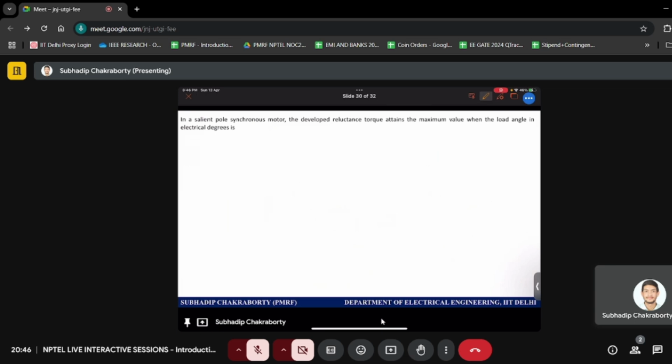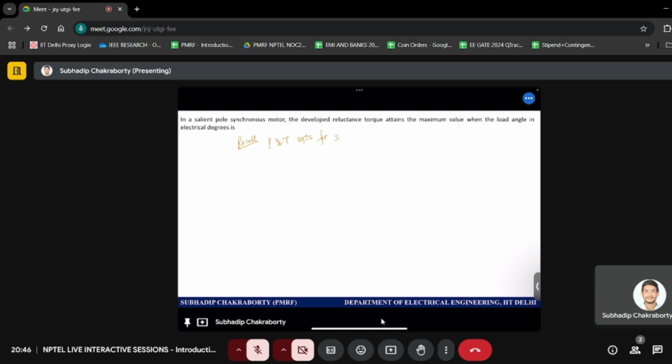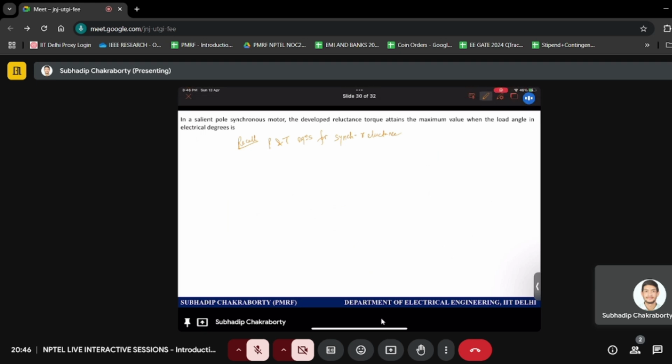Next, it is an easy problem. Just recall power and torque equations for synchronous reluctance, maybe salient pole, right?